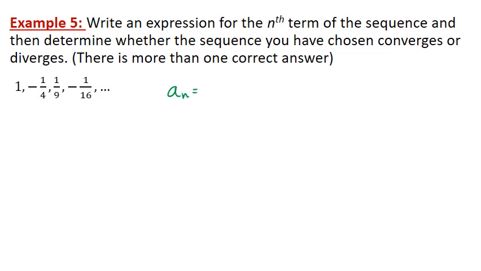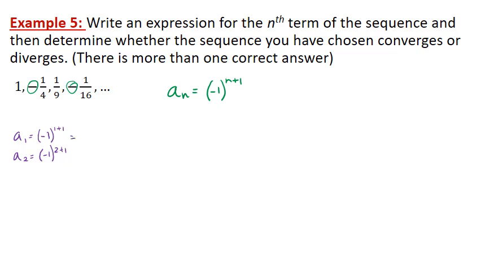Now, one thing to address is that this sequence alternates signs from positive to negative, so on and so forth. When that happens, the way we denote that is -1 to the n plus 1 power. Okay, and let's just look at that for a second. If I'm looking at the first several terms of just this, I have -1 to the 1 plus 1, -1 to the 2 plus 1.